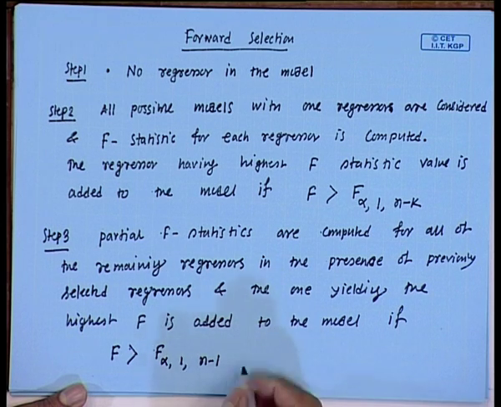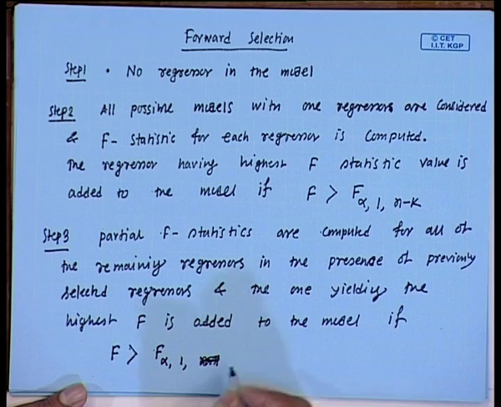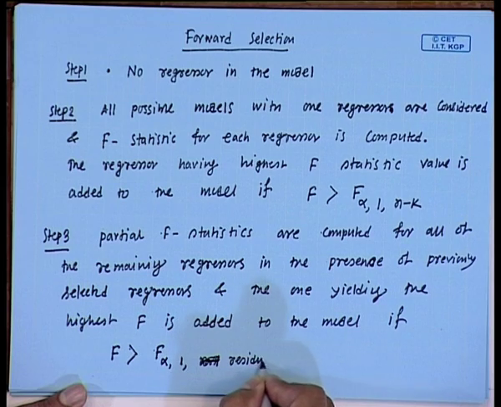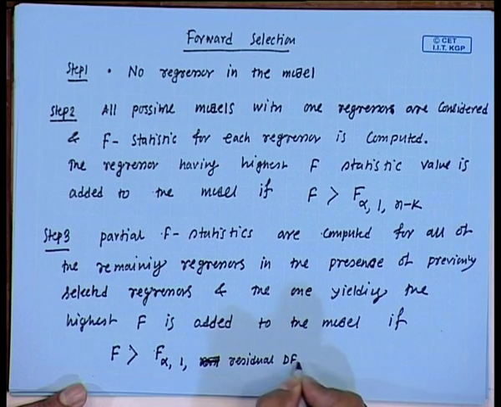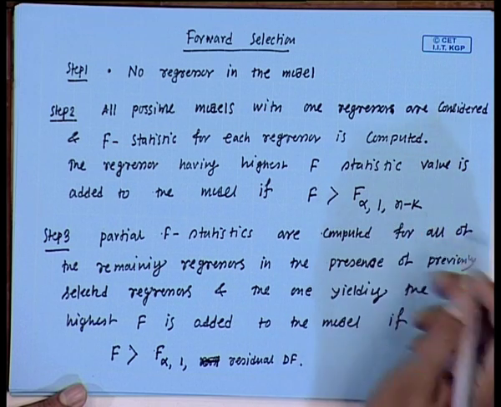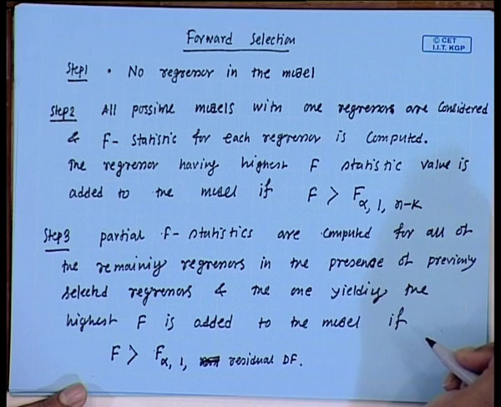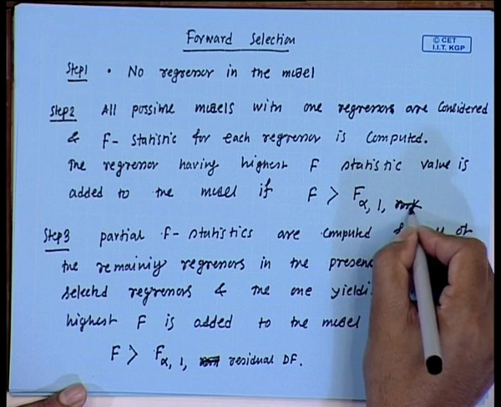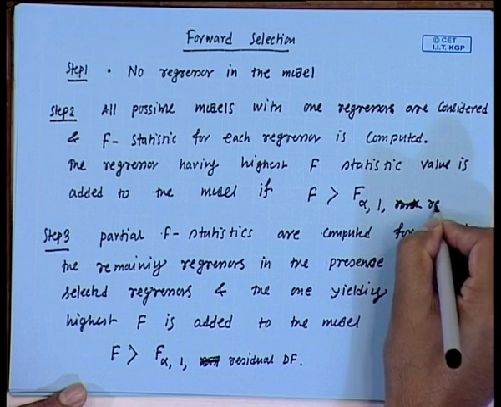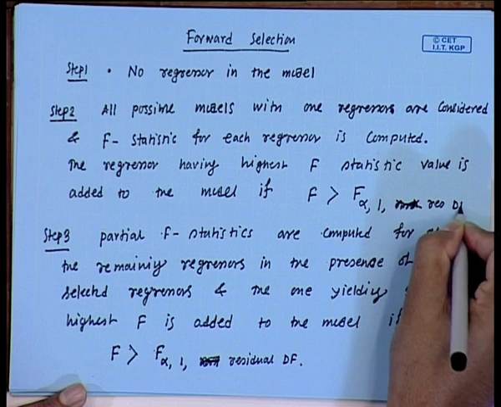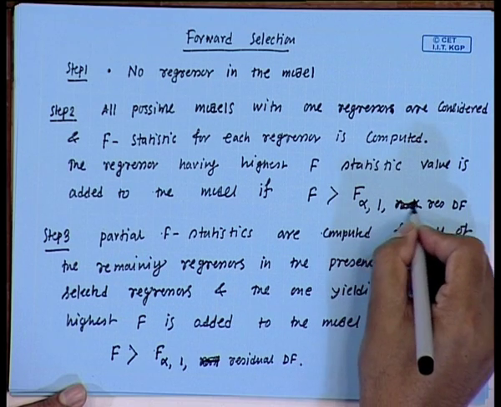I should not say n minus k, maybe I should write residual degree of freedom. Here it might be okay. No, here also I should write residual degree of freedom. Okay.